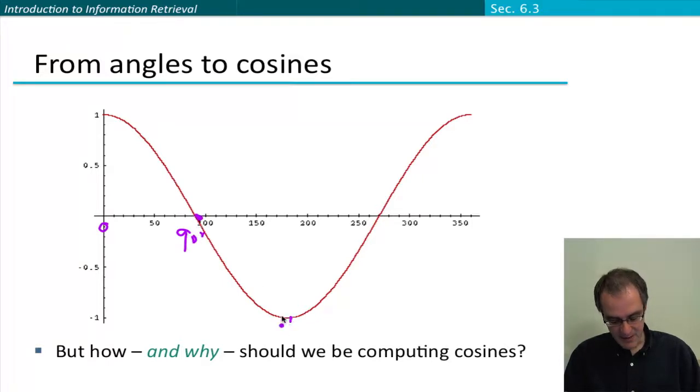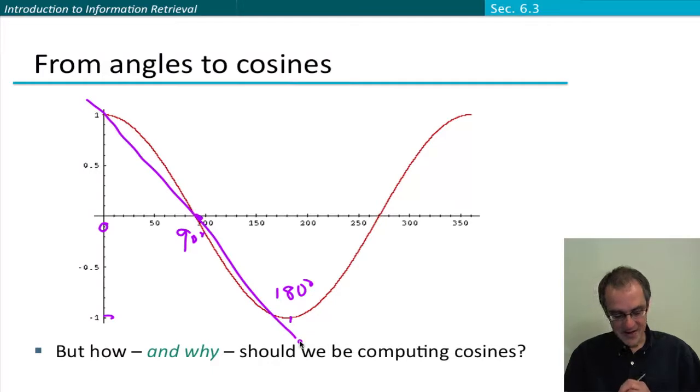And it keeps going right up to 180 degrees, and the cosine continues to descend to -1. So essentially, all we need to observe is that cosine is a monotonically decreasing function in the range of 0 to 180, and therefore the cosine score serves as a kind of inverse of angle.